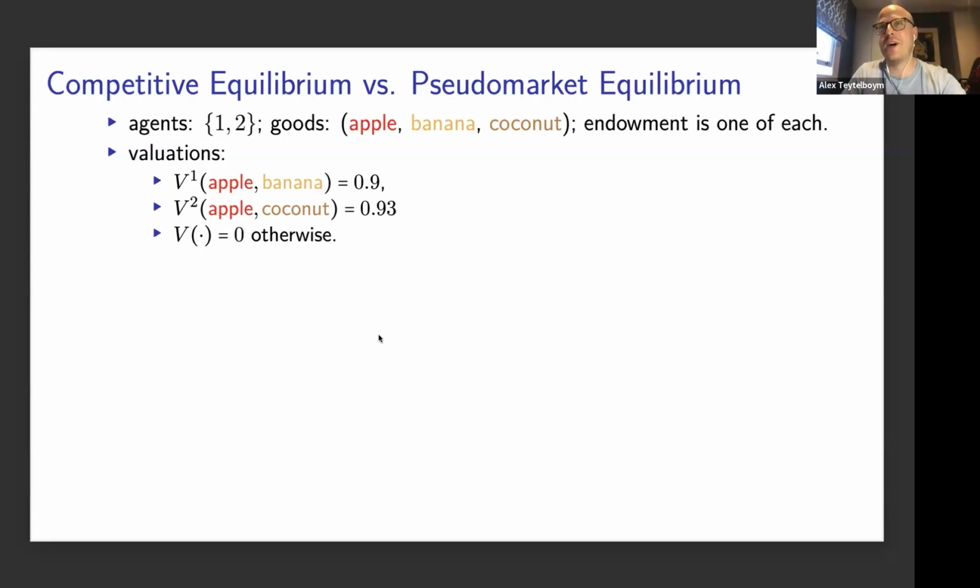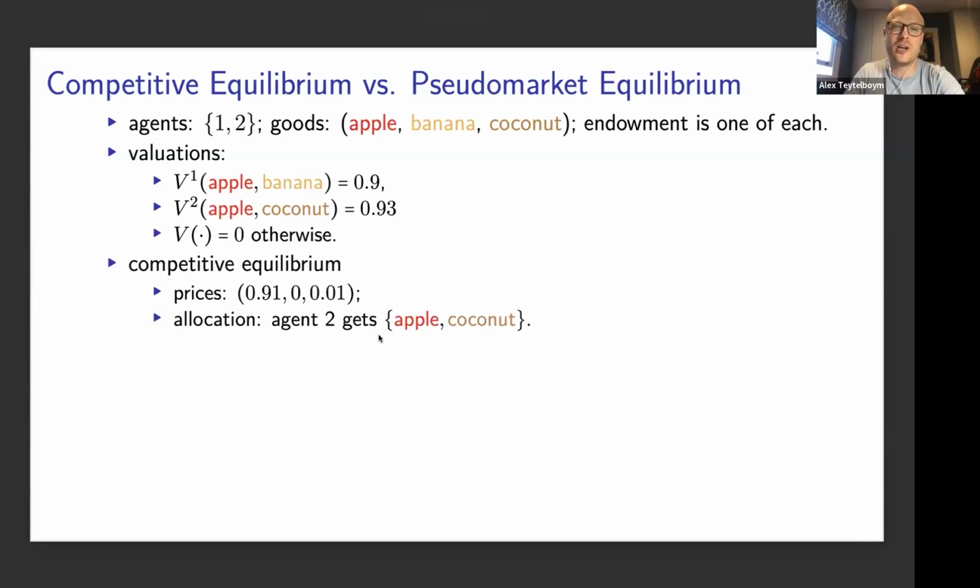I've created a nice wedge so that you can stick in a price such that one agent can afford it and the other one does not. Here you can even price the coconut if you wish. So here are the two prices. This is perfectly fine. There are other prices, of course, but here are some prices for which this will work. So the agent is going to get the apple and the coconut.